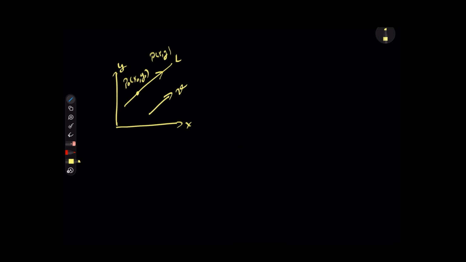So let's just recall what the definition of a line to be described parametrically means, right? So a line in R2 can be described parametrically by r of t is equal to r0.